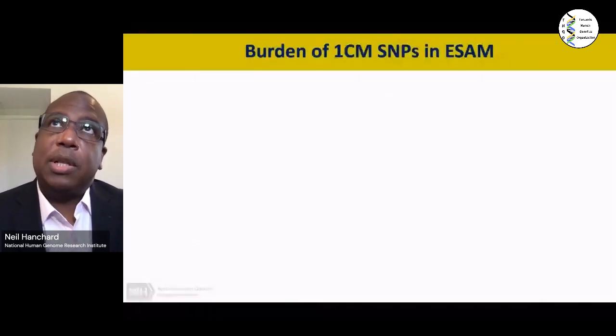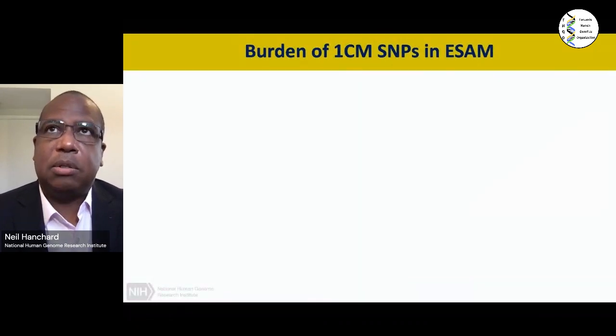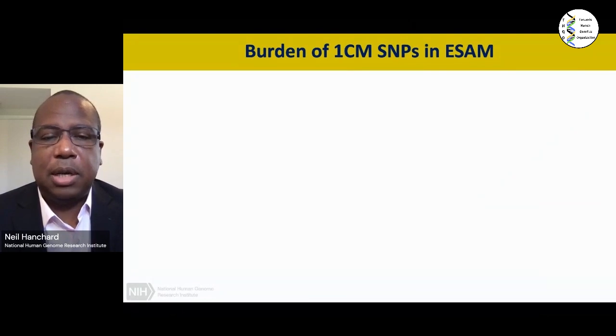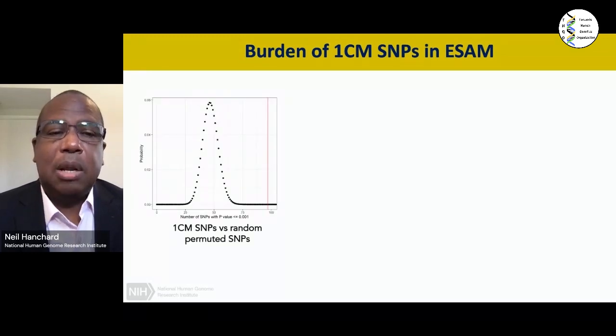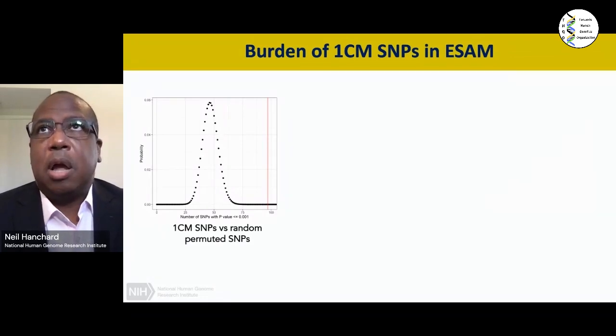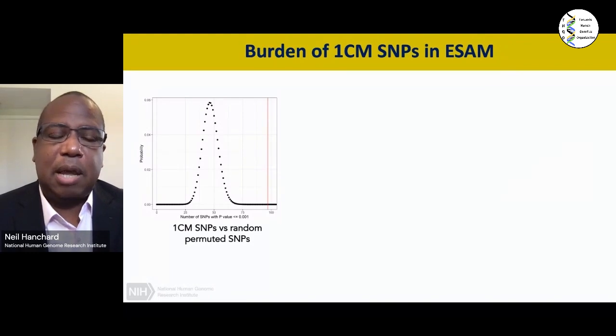So then we thought, well, that's the top SNPs. What about 1-carbon metabolism SNPs in general, given that we do have the other 2 million and some SNPs that are on the H3Africa array? To evaluate this in more detail, we created a hypergeometric distribution, starting with how many SNPs one would expect to see having a p-value less than 0.001.